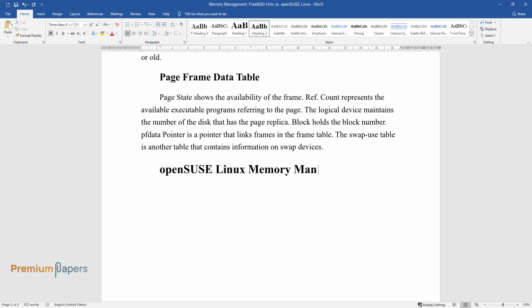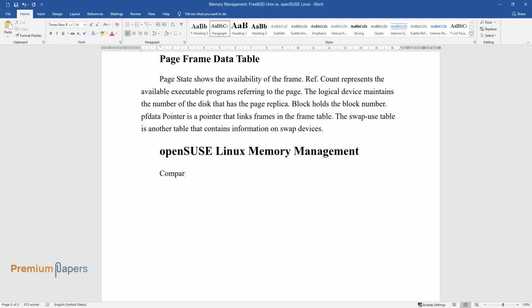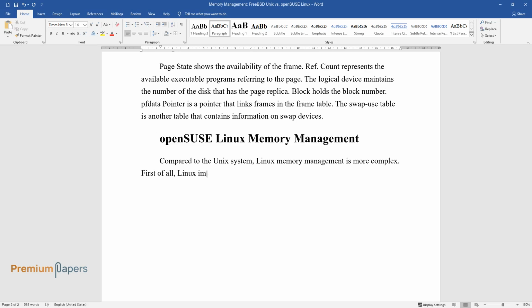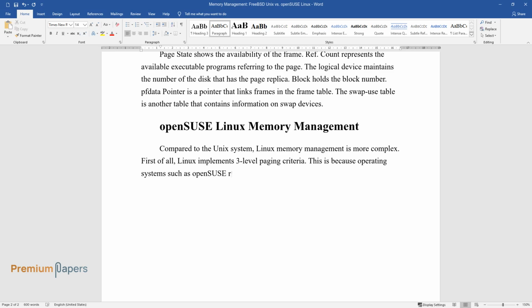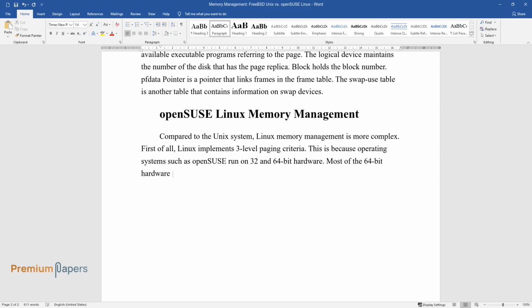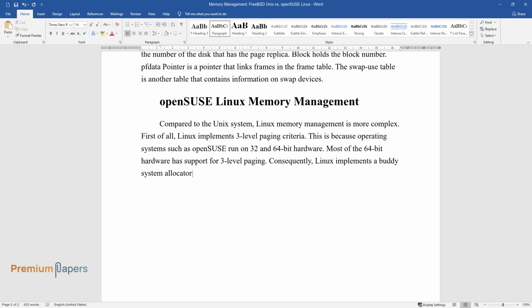openSUSE Linux memory management. Compared to the Unix system, Linux memory management is more complex. First of all, Linux implements 3-level paging criteria. This is because operating systems such as openSUSE run on 32 and 64-bit hardware. Most of the 64-bit hardware has support for 3-level paging. Consequently, Linux implements a buddy system allocator for page allocations and a slab allocator for sub-page distribution.